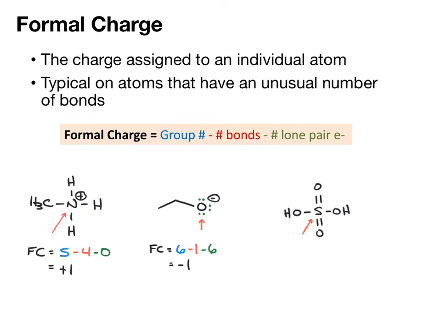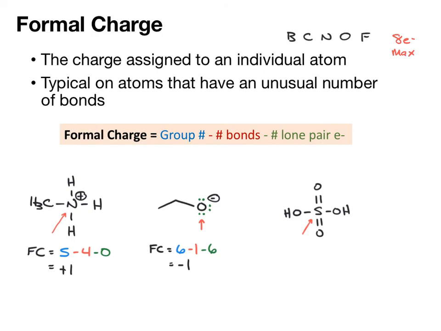But if you're dealing with the row that carbon's in, we have boron, carbon, nitrogen, oxygen, and fluorine. Those can have an octet of electrons max.